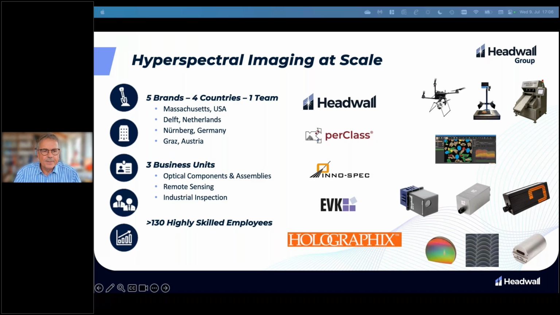And then finally, industrial inspection, and that has been a lot of our focus in the past years, where we approach sorting and grading applications by taking advantage of hyperspectral imaging.